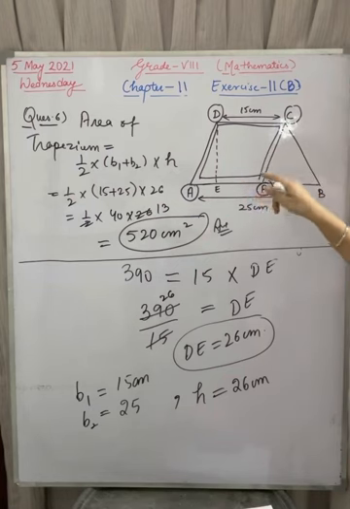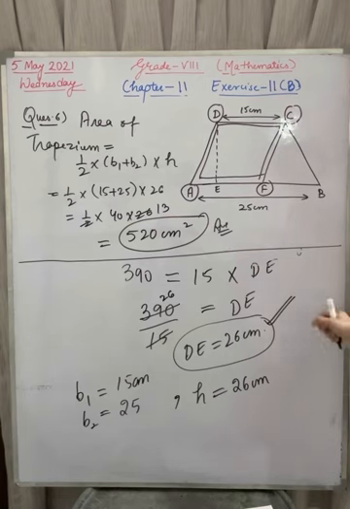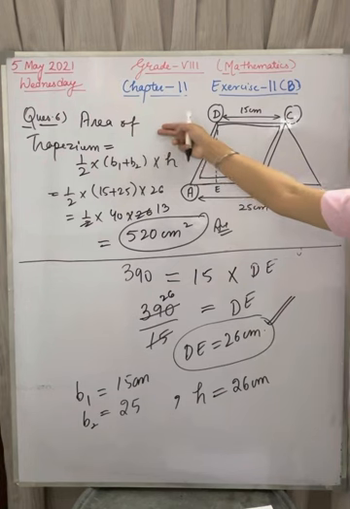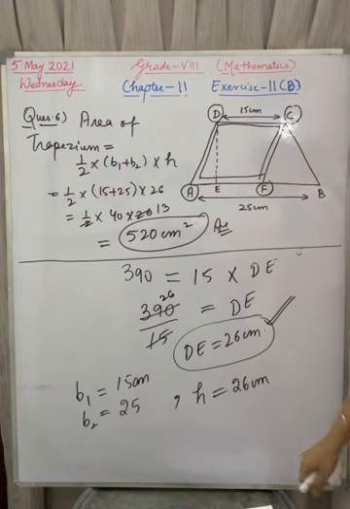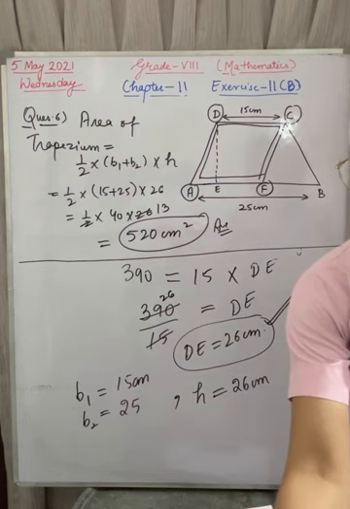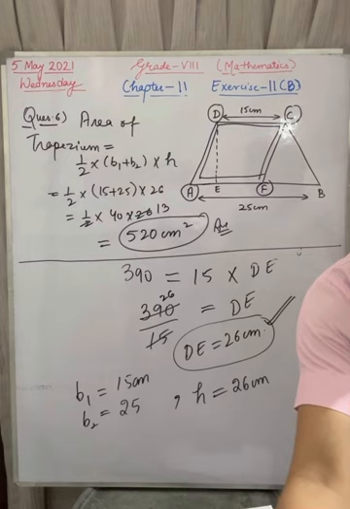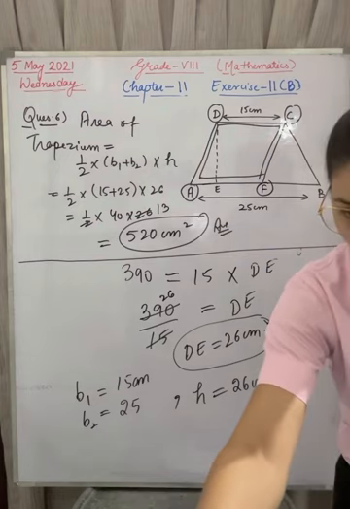From there we can find out the height. Now with this height and with B1, B2, we can go with the formula of area of trapezium. Right? So please read out the question, and if you are having any doubt, please ask me quickly.